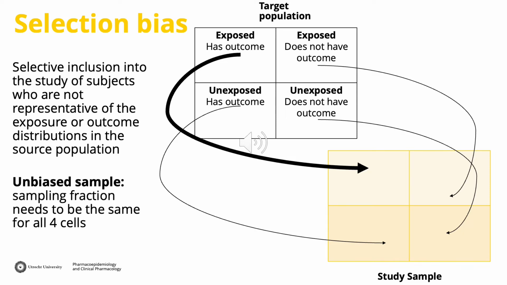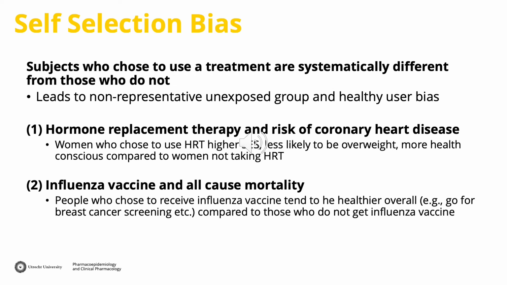But one of the more common types of selection bias that we come across in observational studies is self-selection bias. This simply refers to the fact that subjects or patients who choose to use a particular treatment may be systematically different than those who do not use a particular treatment.